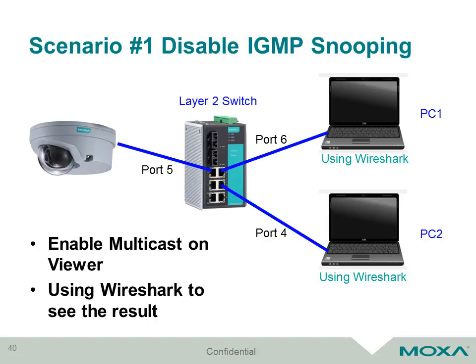If you don't remember, that is alright, because once you finish this hands-on, you will remember why. First thing you need to do is enable multicast on the web browser or viewer, and then start up Wireshark on both PCs to see the result.